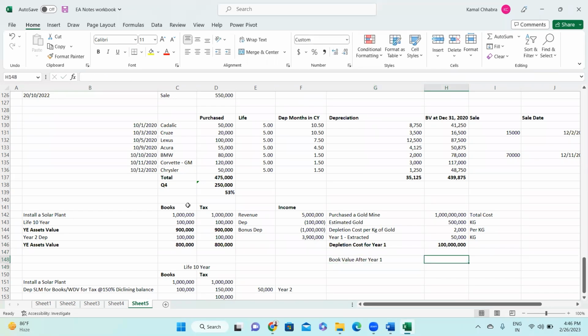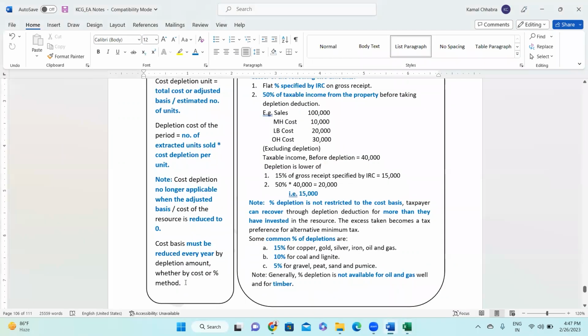The book value will be this minus this, $900 million. Everyone agree? Just minus the depletion cost. Simple, right? So book value at the year end would be $900 million. That's what this second point is.